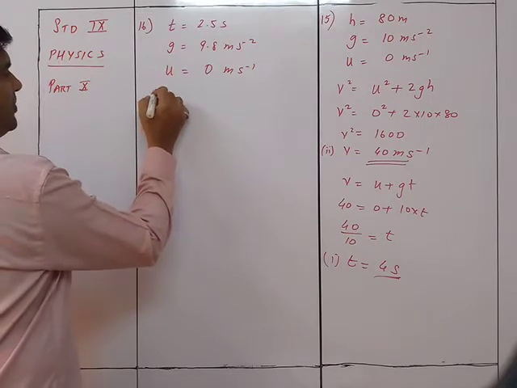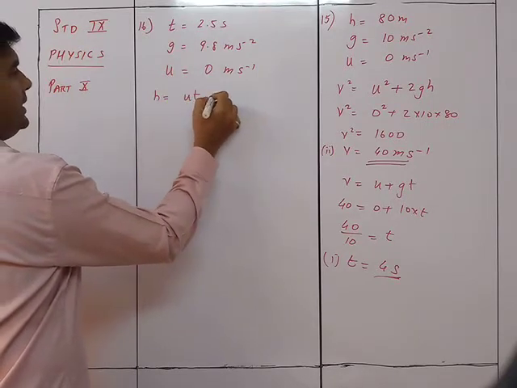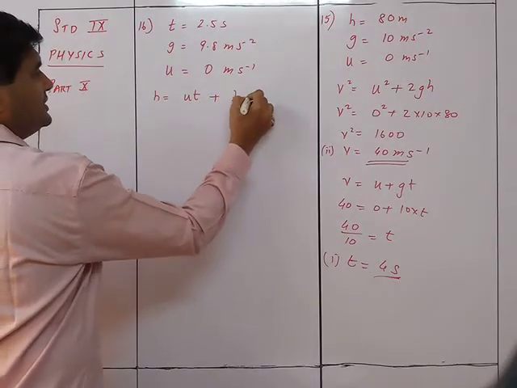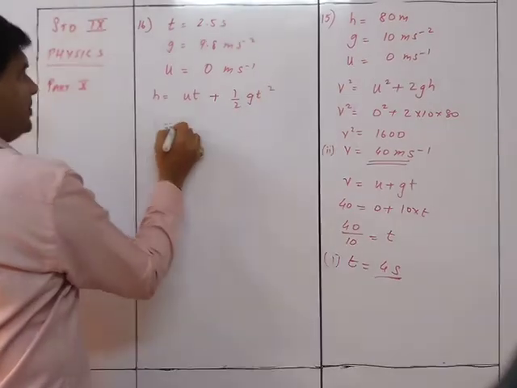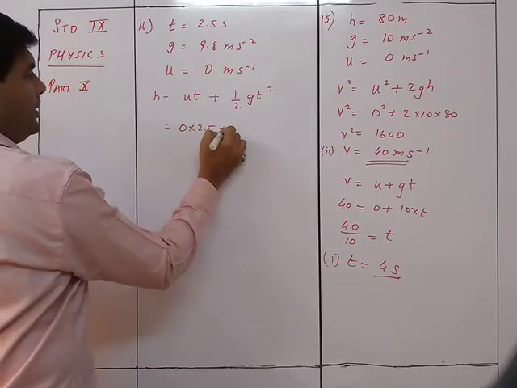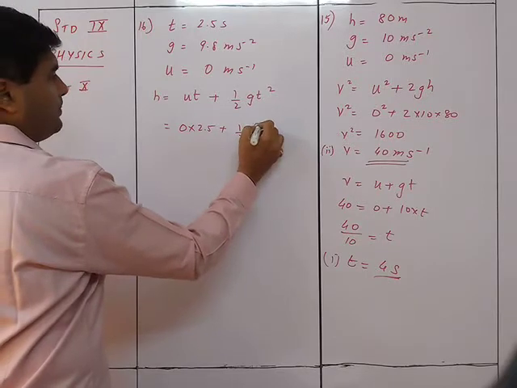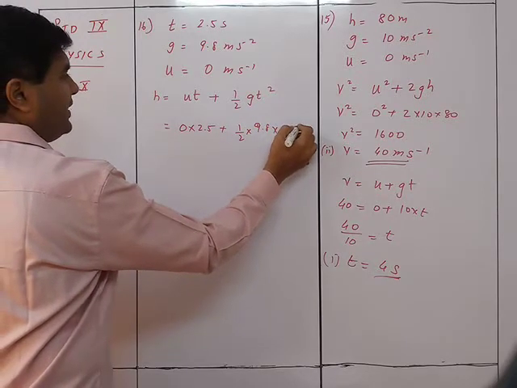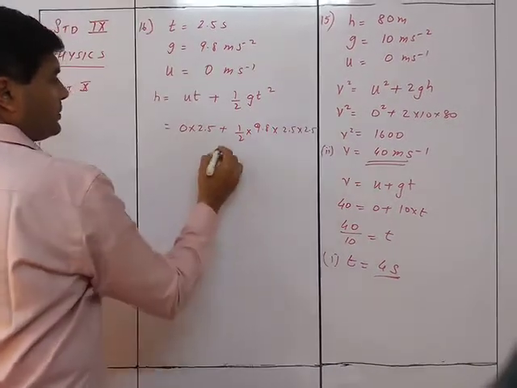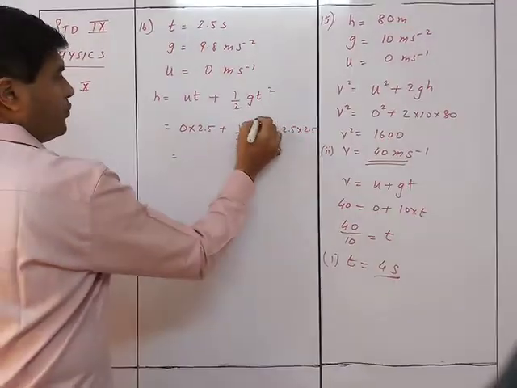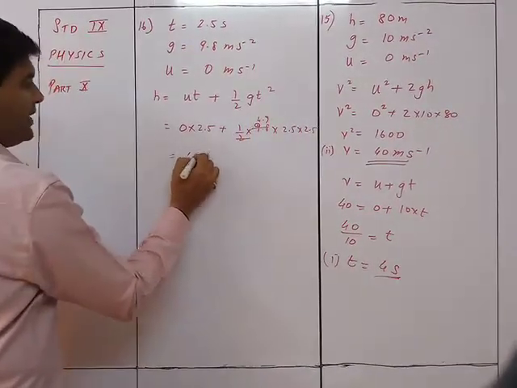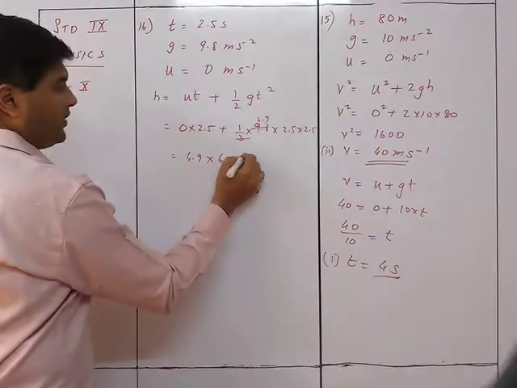Accordingly, we can use the formula h is equal to ut plus half gt square. So it will be 0 into 2.5 plus half into 9.8 into 2.5 into 2.5. So this will be 4.9 into 6.25.